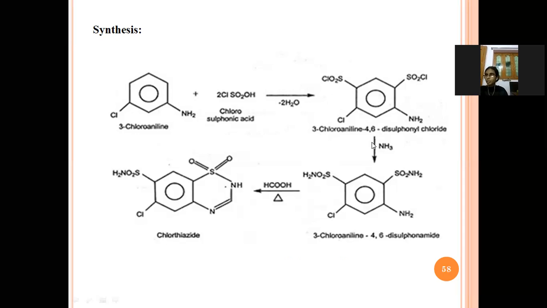In the presence of ammonia, the chlorine atoms will get eliminated and it is replaced with the amino group. So it is named as 3-chloro 4,6-disulfonamide. In the presence of the formic acid, the structure undergoes a cyclization process to form chlorothiazide. So this is the synthesis of the chlorothiazide.